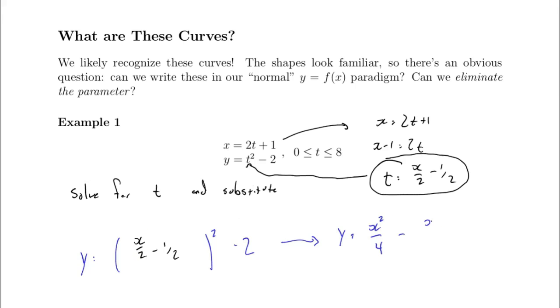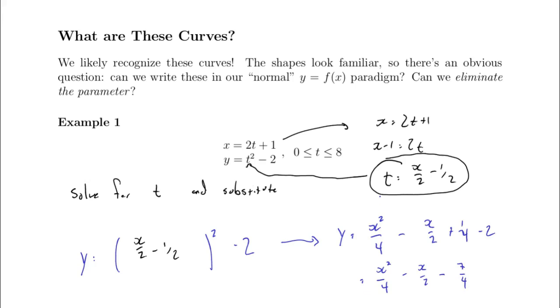So that's just going to be x over 2 plus a half squared. That's a quarter. And then we have our minus 2 again. So we can say this is x squared over 4 minus x over 2 minus a quarter minus 8 fourths, right? That's going to be negative 7 fourths.